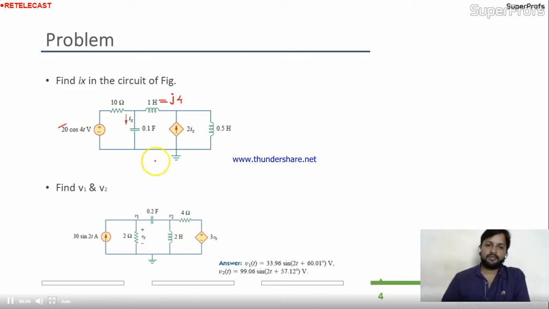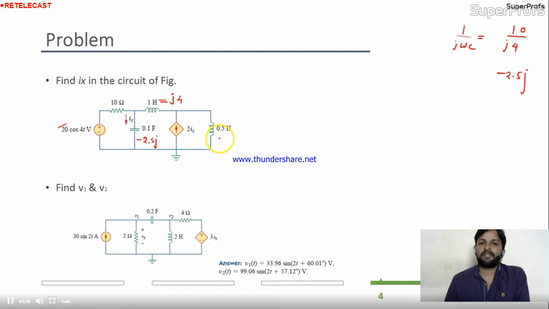Now come to the 0.1 Farad, 1 by j omega C. Omega is 4 and C is 0.1, so 4 times 0.1 is 0.4, and 1 by 0.4 is 2.5, and this will be minus j. So this is minus 2.5j. Correct? What about this 0.5? It will become 2j. This is your circuit now.